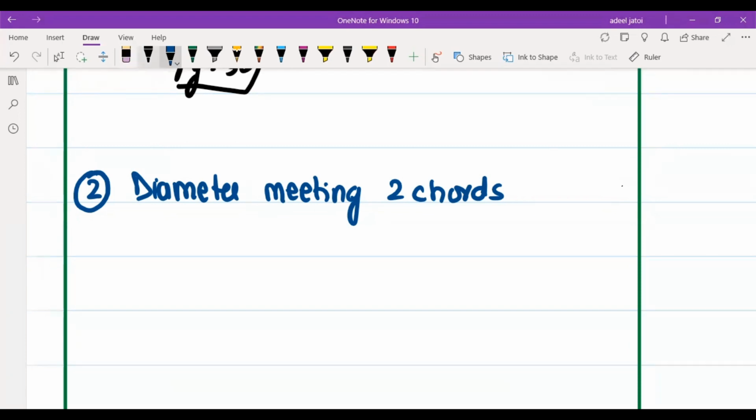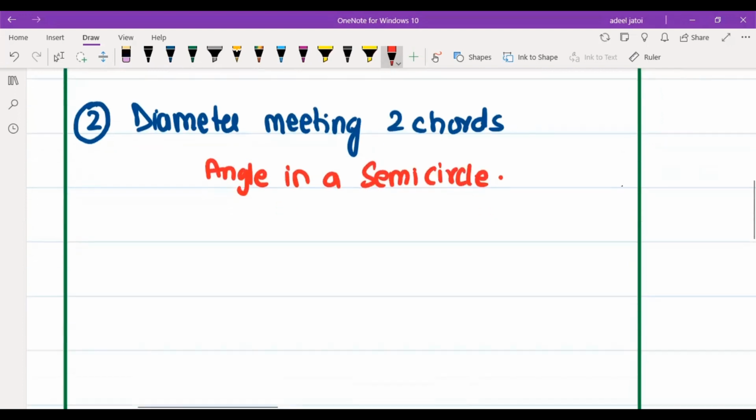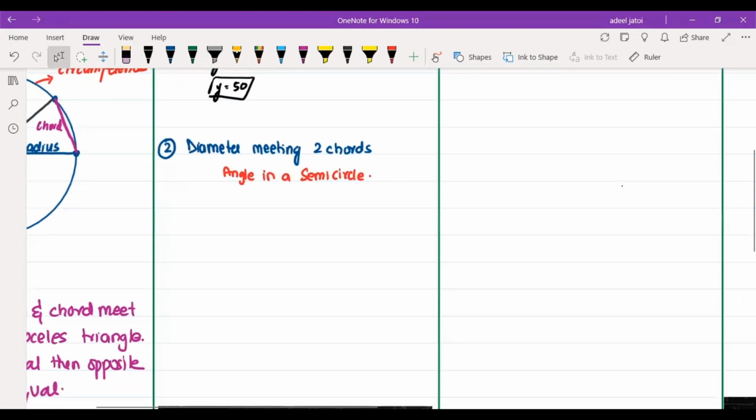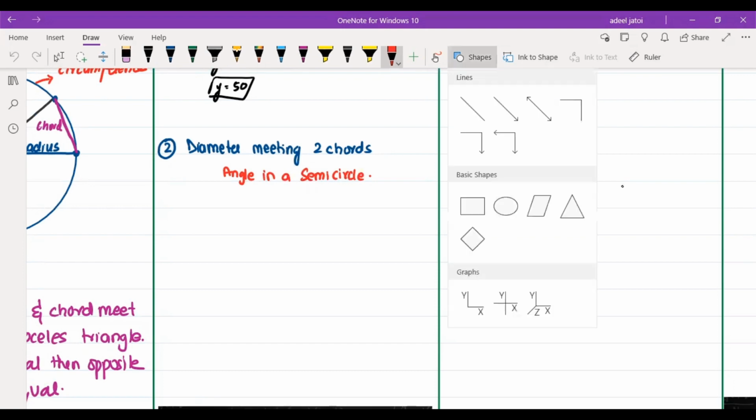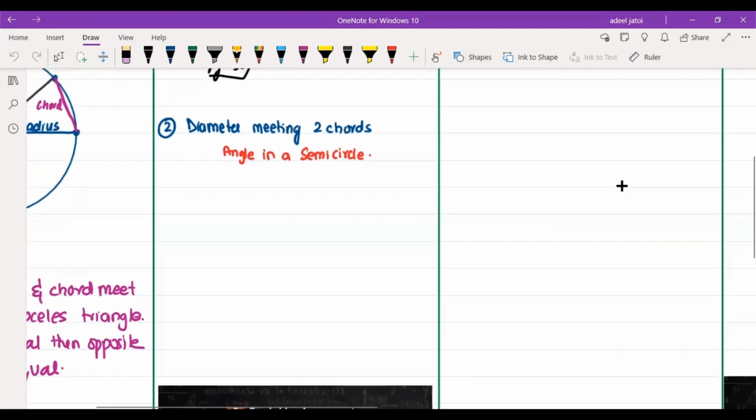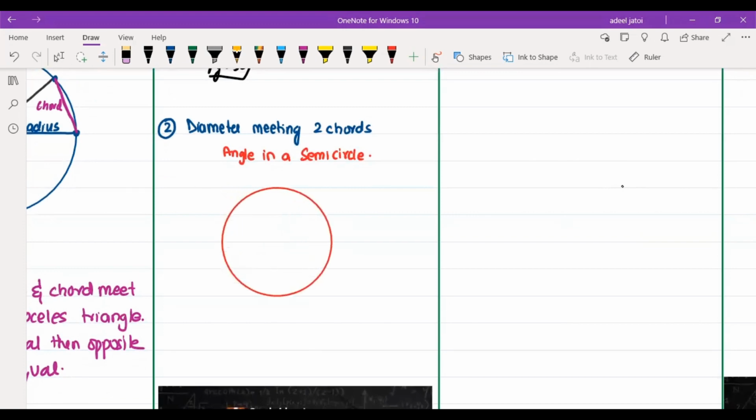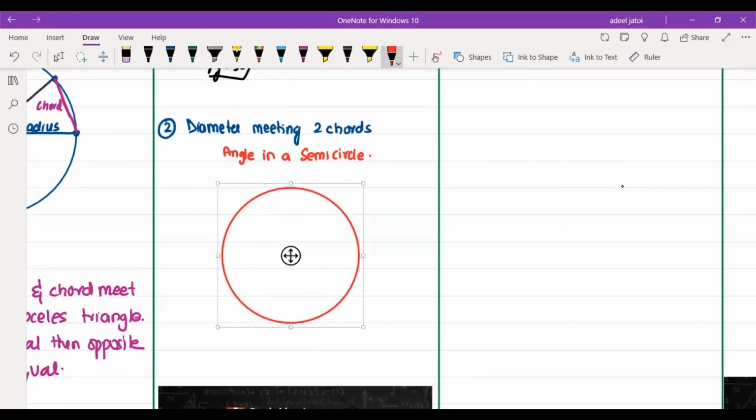Considering that a diameter meeting two chords is also known as the angle in a semicircle property. So when it says diameter meeting two chords or angle in a semicircle, we will always work upon, let's say we have a circle again, right?